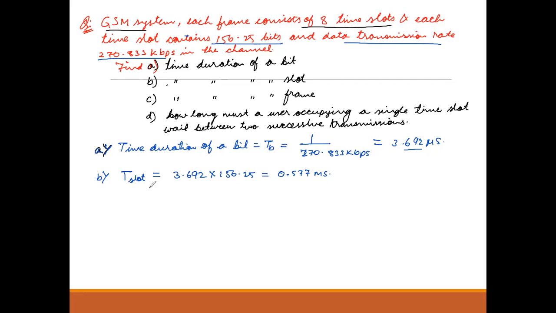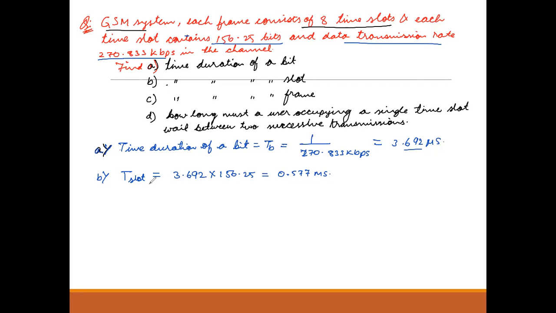Okay, so T slot can be obtained by using the data which is given over here, एक time slot में इतने सारे bits हैं, और एक bit में जो duration लग रहा है वो 3.6, that is TB.